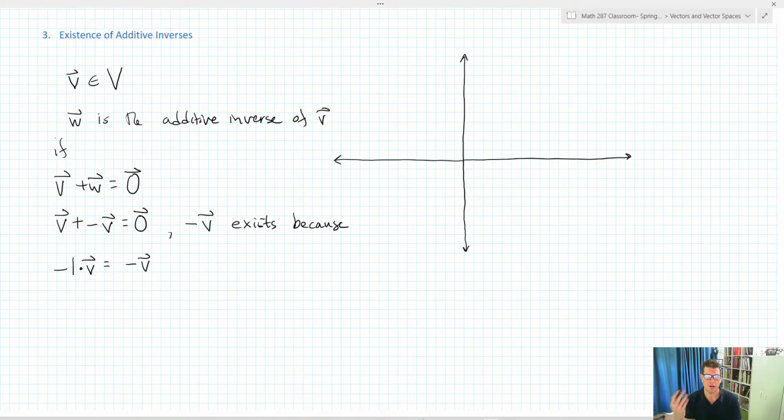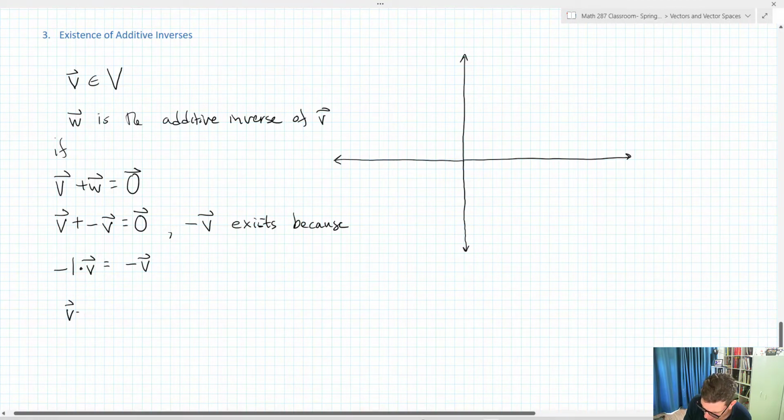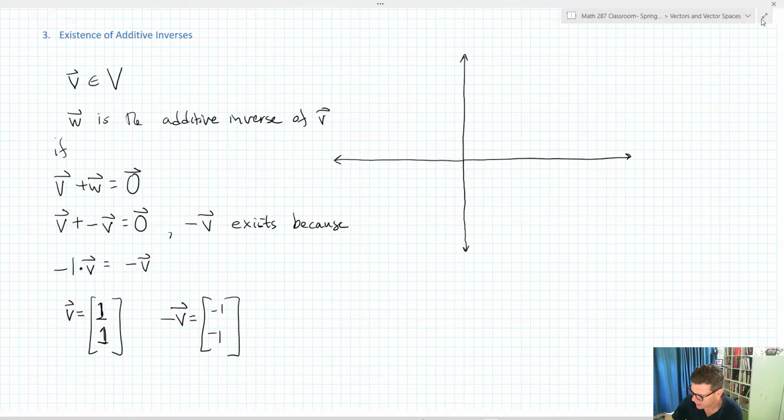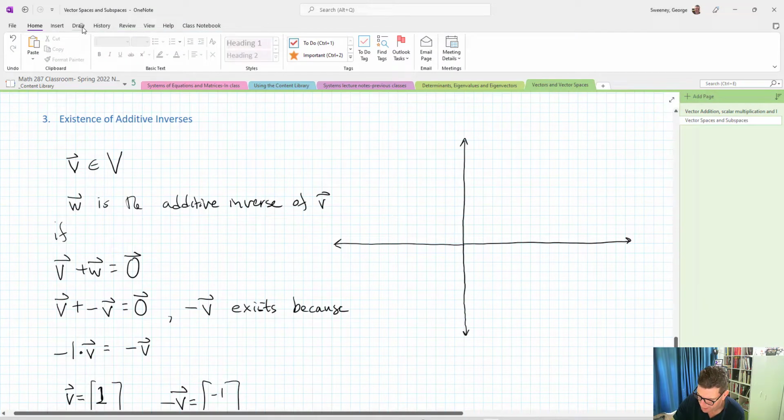We know closure under addition, so when we add the two of them together, we end up getting the zero vector. That's it, okay? So say, for example, I take v equals 1, 1, and so negative v is going to equal negative 1, negative 1. If we do this geometrically, let's take red.